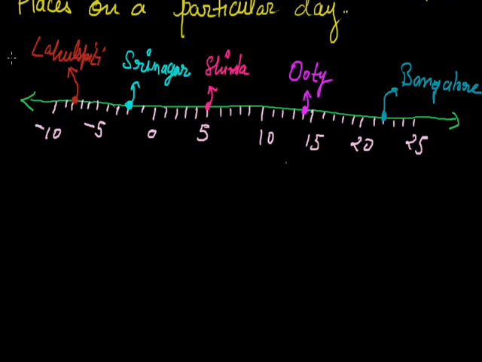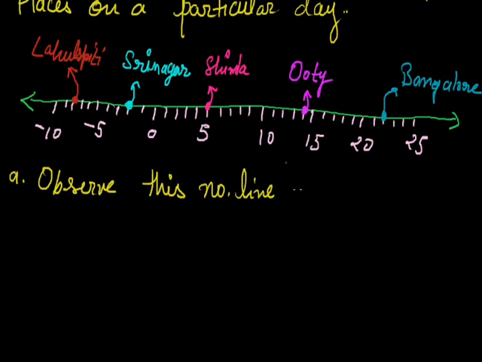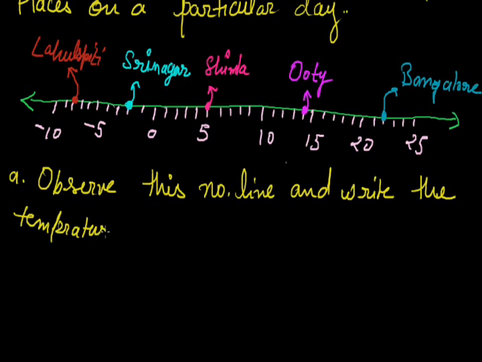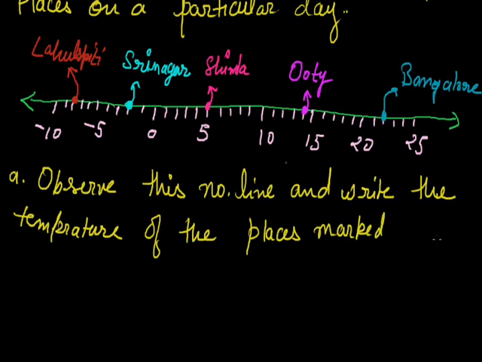Now, the first question, which is based on this number line or the temperature line, or we can say the first part of the question is, observe this number line and write the temperature of the places marked on it.